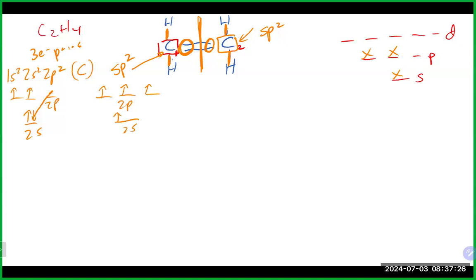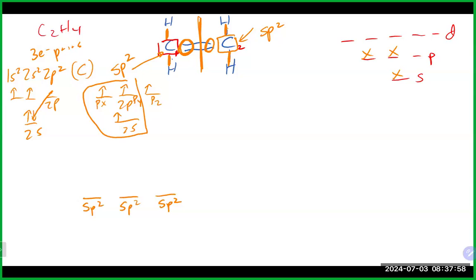And here we're only going to hybridize an s and 2 p's. So this is like px, py, and the pz orbital. We're only going to hybridize these 2 here, and the result is 3 hybrid orbitals that are all the same in energy. This is going to be an sp2 hybrid orbital in each of these cases.